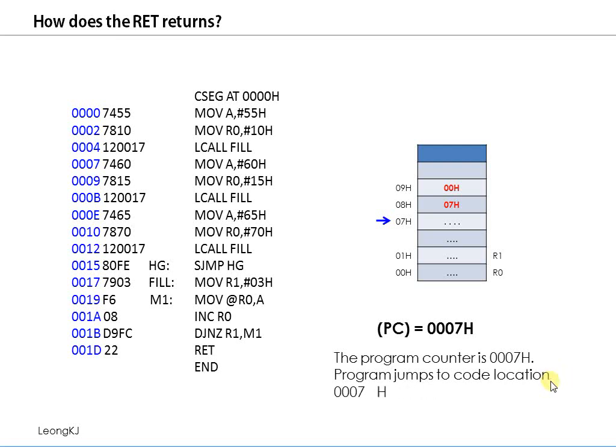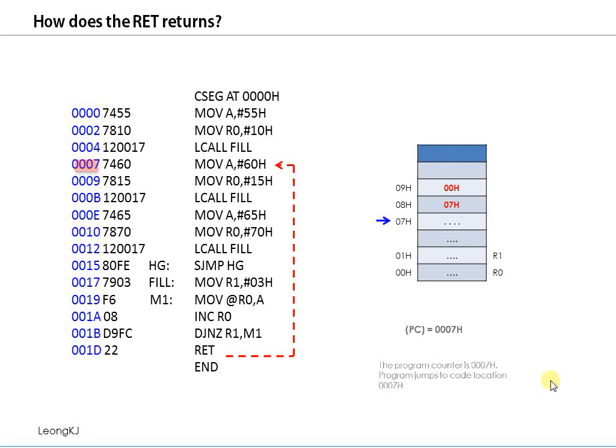The program counter is 0007. Program jumps to code location 0007. Program continues execution from code location 0007.